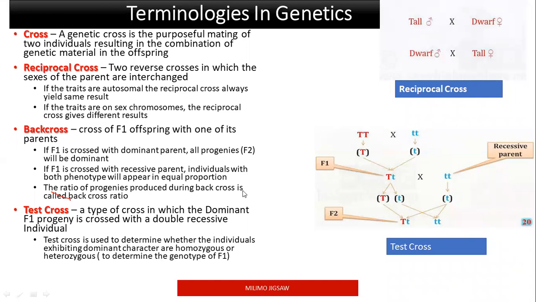The test cross is used to determine whether the individuals exhibiting the dominant character are homozygous or heterozygous. So a test cross is used to determine whether the individuals of the F1 generation that are exhibiting the dominant character are actually homozygous or heterozygous.